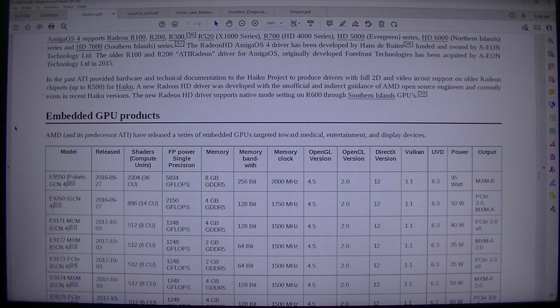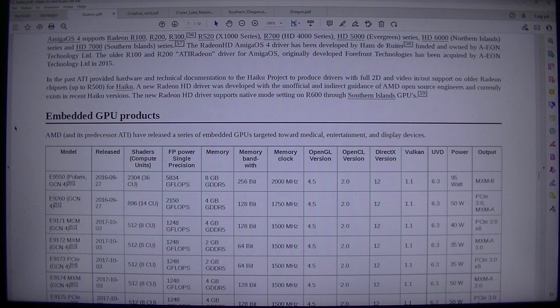The Radeon HD AmigaOS 4 driver has been developed by Hans de Ruyter, funded and owned by Aeon Technology Limited. The older R100 and R200 ATI Radeon driver for AmigaOS, originally developed for Front Technologies, was acquired by Aeon Technology Limited in 2015.